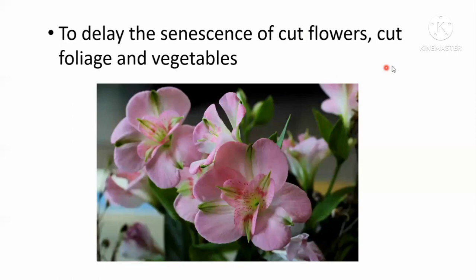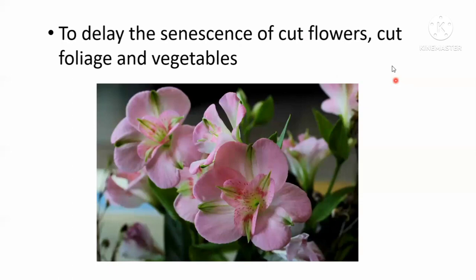That means we can delay the senescence process of these cut flowers. Therefore, it is very important in exporting and also selling locally. Not only cut flowers, but also cut foliage, for example croton. In order to keep the leaves for a longer period of time than naturally, we can apply cytokinin.